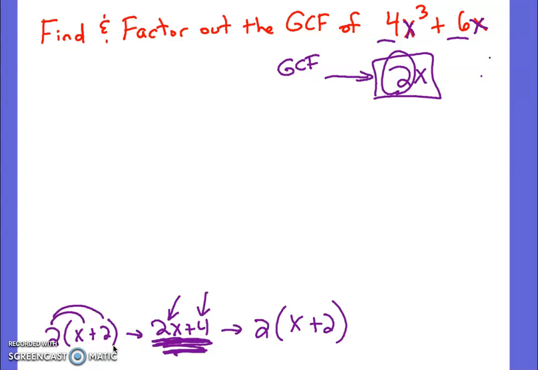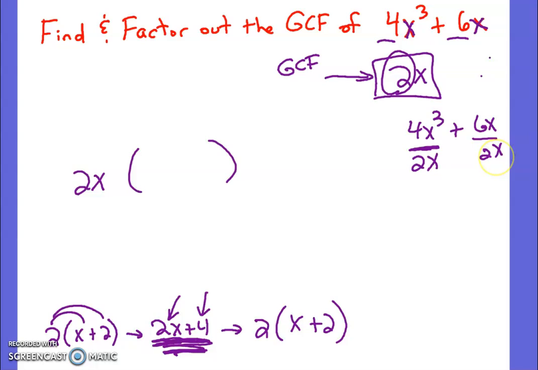All right, so let's look at this. Find and factor out the GCF. So we already know the GCF is 2x. So what we're going to do is we're going to literally divide this first, we're going to divide this by the GCF, and we're going to divide this by the GCF.